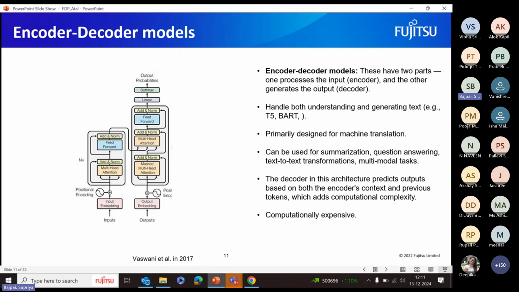Then the context vector is provided as input along with other things to the decoder, and now the decoder will perform its task. So an additional amount of computation is required for the encoder. So these models are not that popular. The most popular are the decoder based models like Llama and GPT.